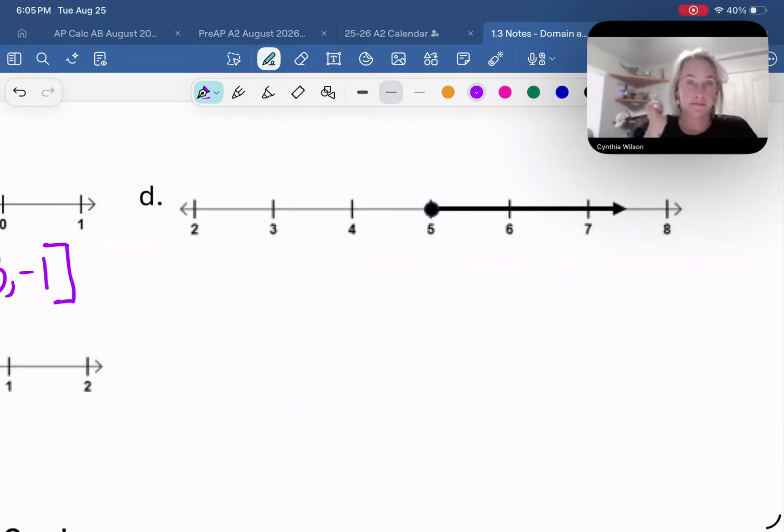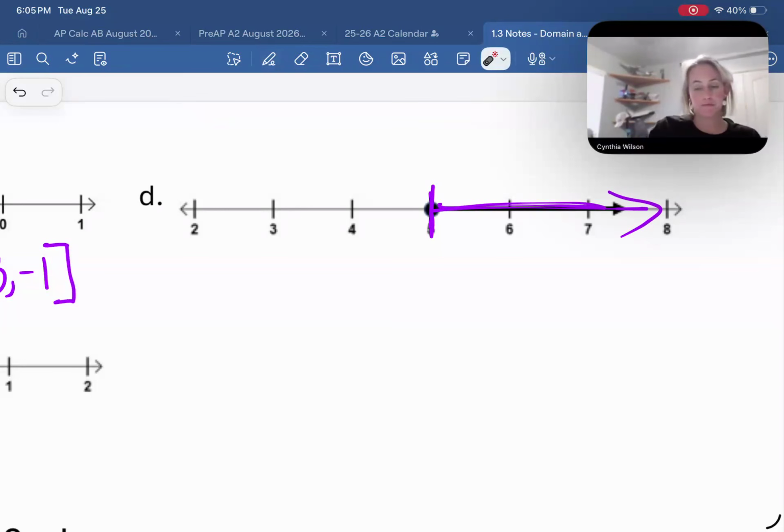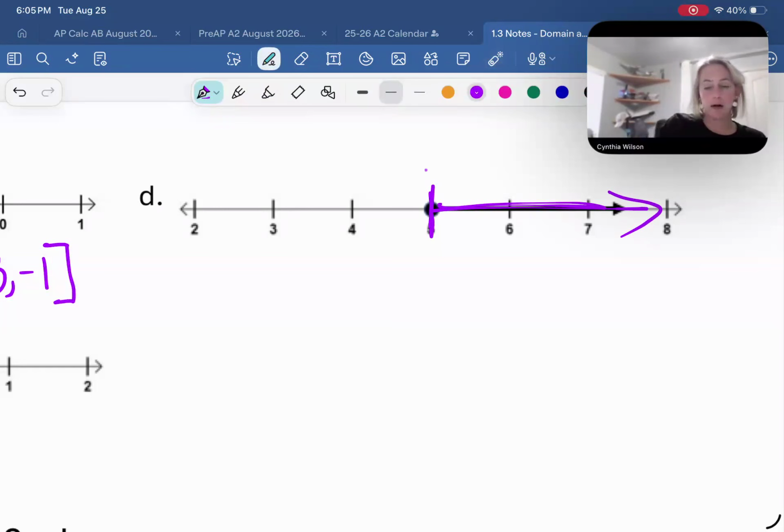Okay, next one. This time you don't have a beginning, you don't have a line segment. We have a 5 and an arrow pointing off to the right. How would you compare 6 to 5? Is 6 greater than or less than 5?